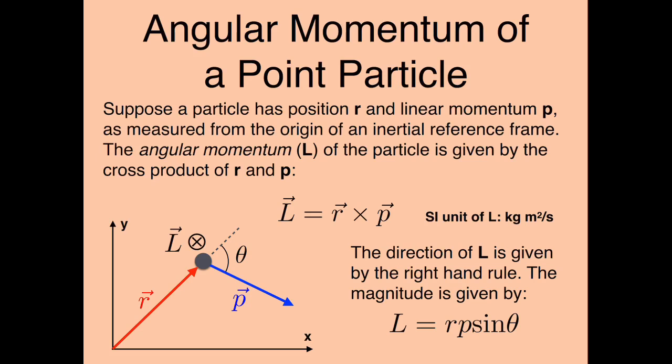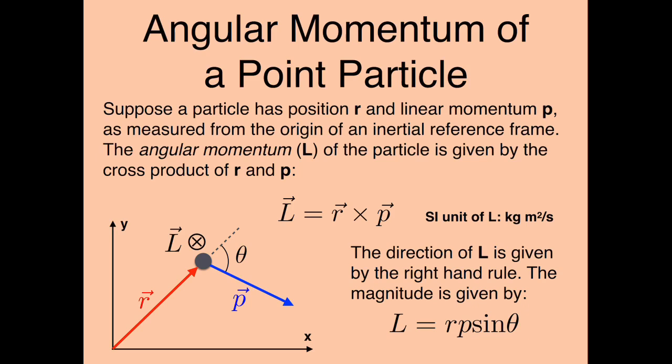Of course, the magnitude, as we learned back in chapter 10, is you take the magnitude of the first vector, r, you take the magnitude of the second vector, p, and then you take the sine of the angle between those two vectors, which we'll call theta. That's how I calculate the magnitude of the angular momentum of this particle.